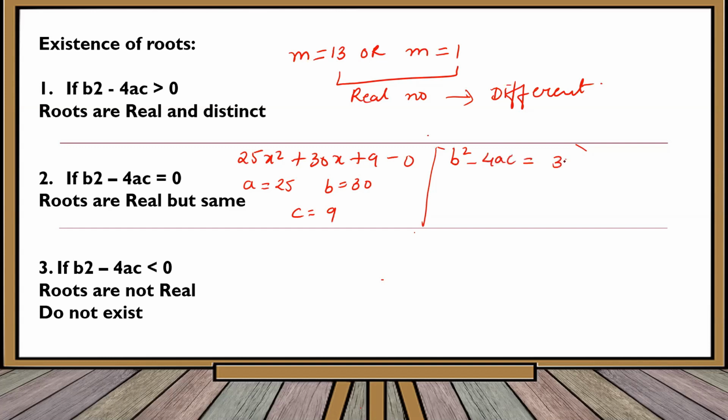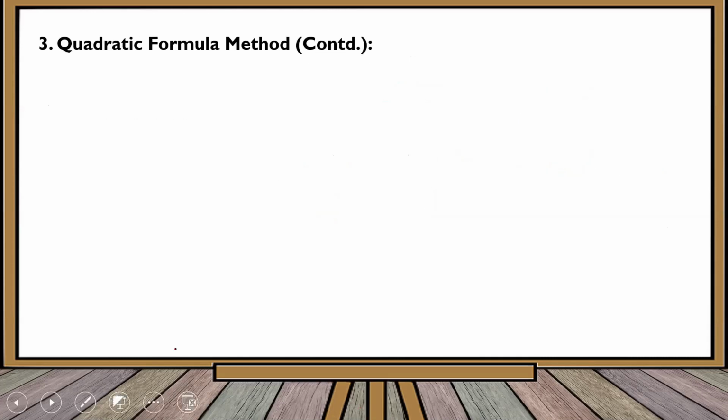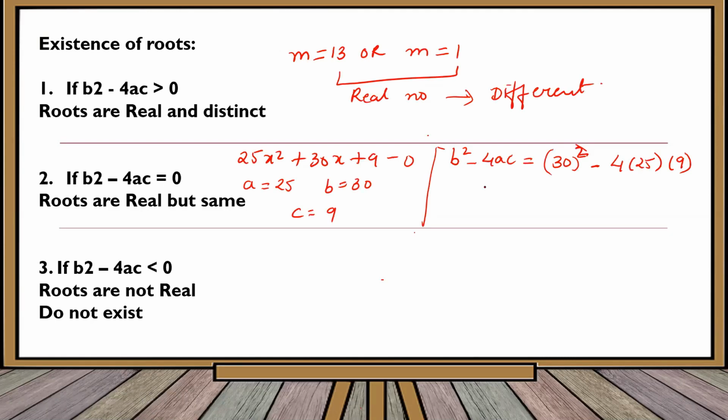That's 30 square minus 4 into 25 into 9. This is equal to 900 minus 900: 25 fours are 100, 100 nines are again 900. So 900 minus 900 is 0.